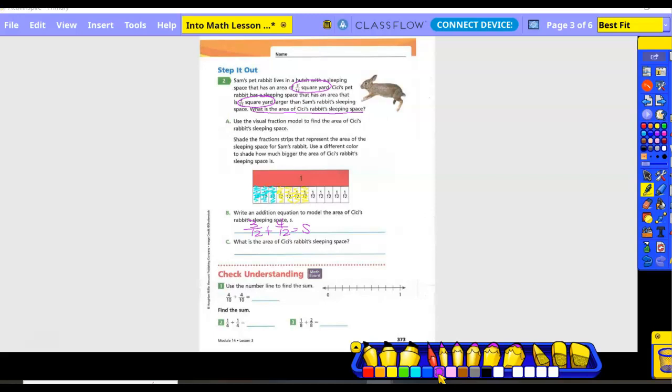So we're solving for S. So what is the area of Cece's rabbit sleeping space? 3/12 plus 4/12 equals what? 7/12. And then going back up to the word problem, what is my label? Yards. Not just yards. Square yard.